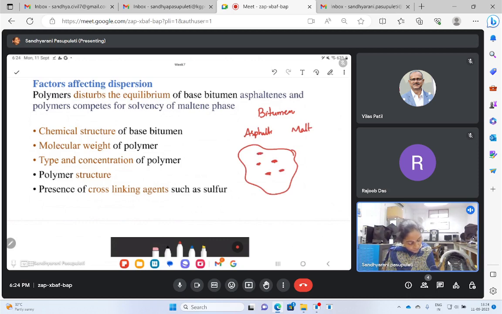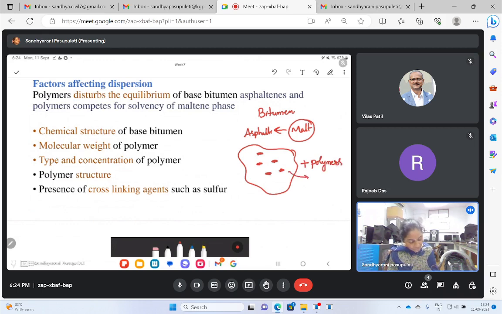So the ratio of maltenes to asphaltenes defines the dispersion of asphaltenes. If we do not have a proper amount of maltenes, the asphaltenes cannot disperse in the appropriate manner in the bitumen. So in addition to that, if I add some polymers, then what happens?